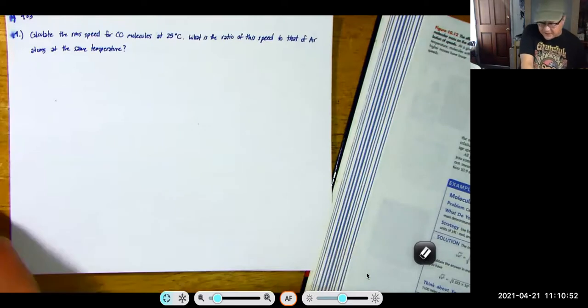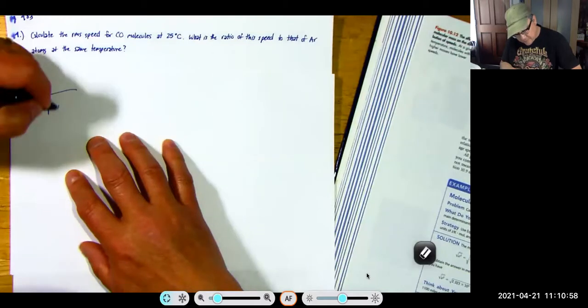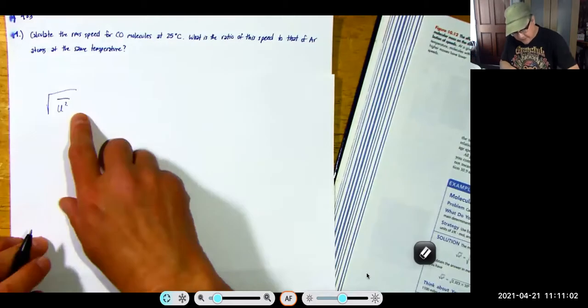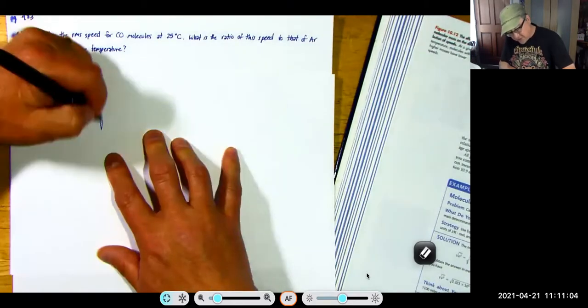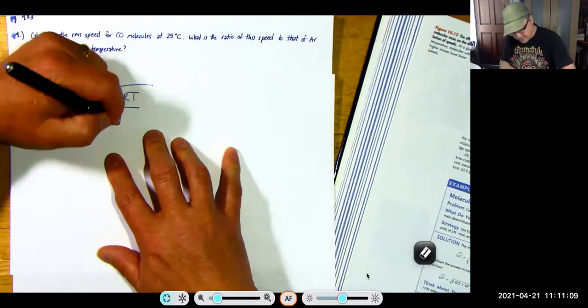Let's do a calculation. So we're going to do the root mean square speed is the square root of 3RT over the molar mass.